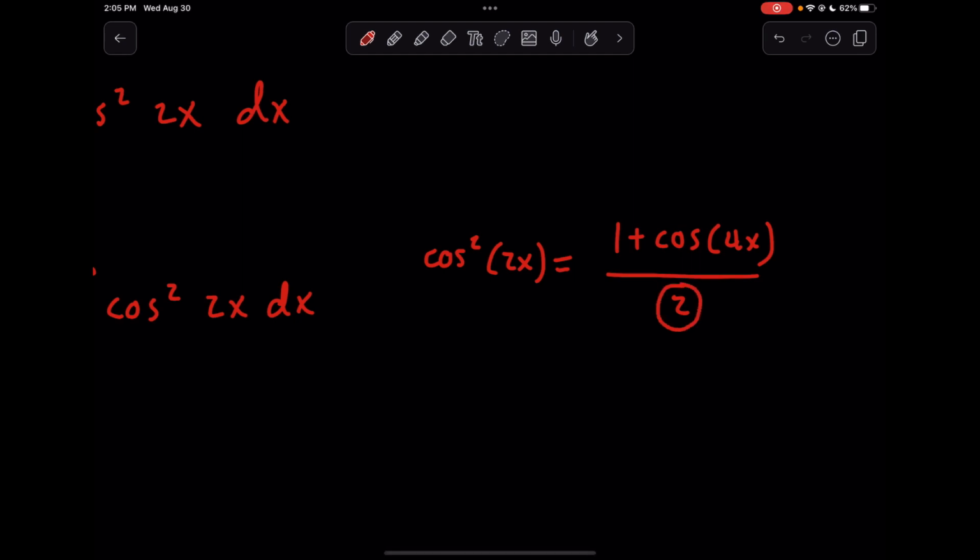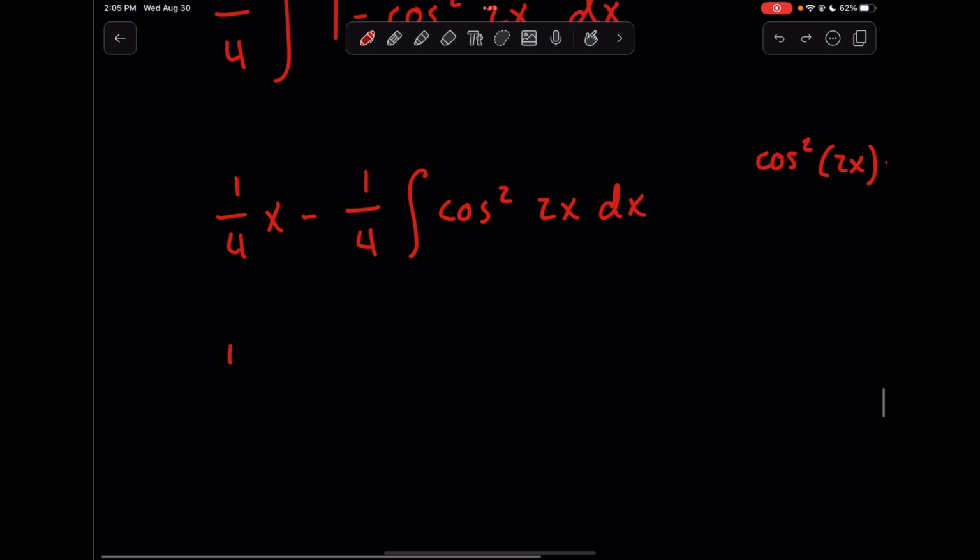So this 2 will multiply with the 1/4 in front of the integral, so that will become 1/8 minus 1/8 integral of 1 plus cosine of 4x.